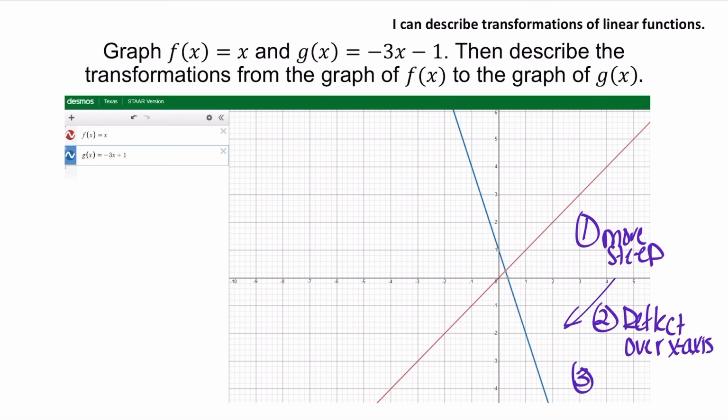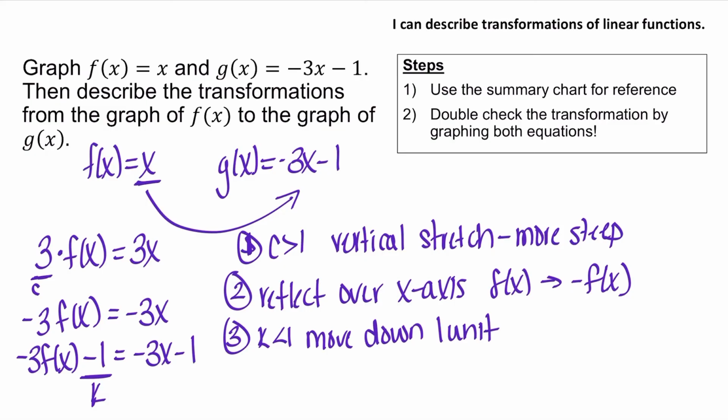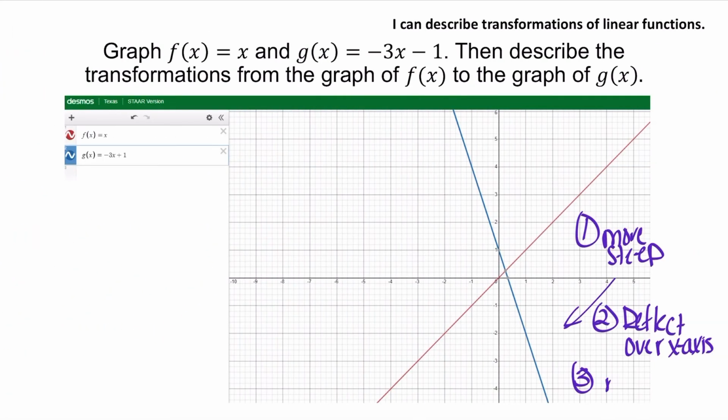And the third change we said is that it moves down 1 unit, which we can see is true. This point right here moved down 1, and all the points on this graph are shifted down by 1. Those are the transformations that take f(x) to g(x).